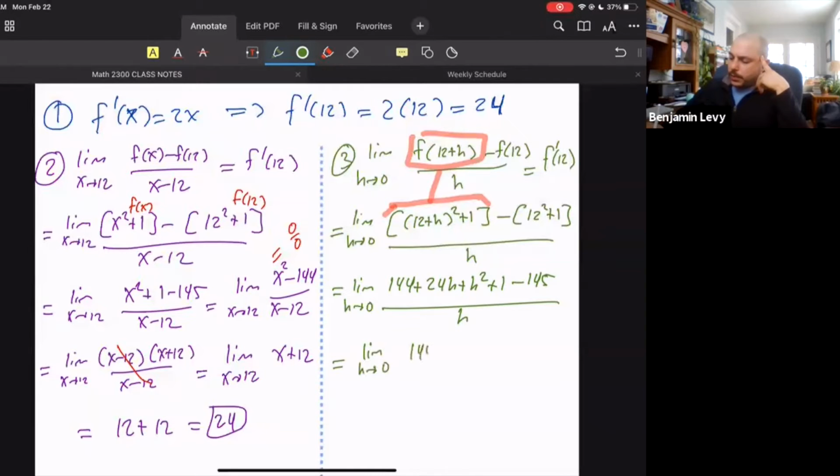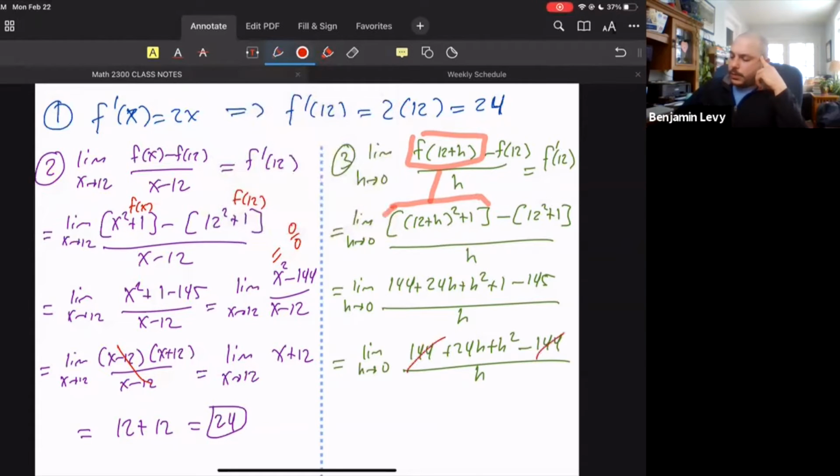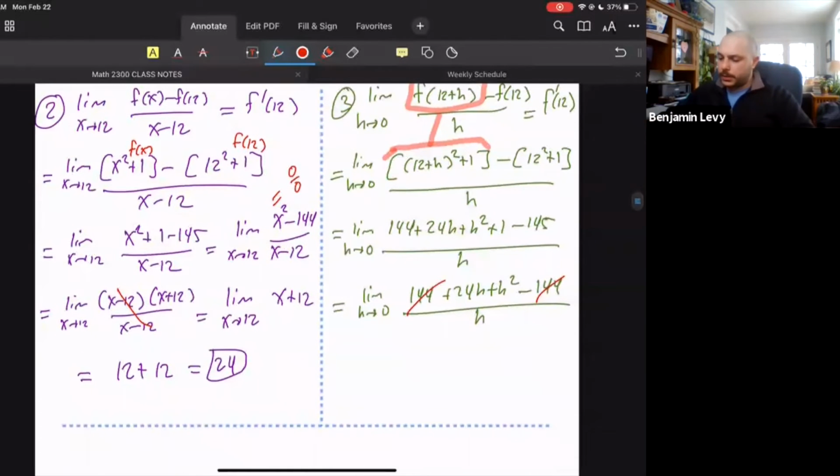So we'll have 144 plus 24h plus h squared minus 144, excuse me. We need that 144 to cancel. All right, so the 144s go away, and then we get the answer 24 again. Right, that's the general idea, so let's finish it off.